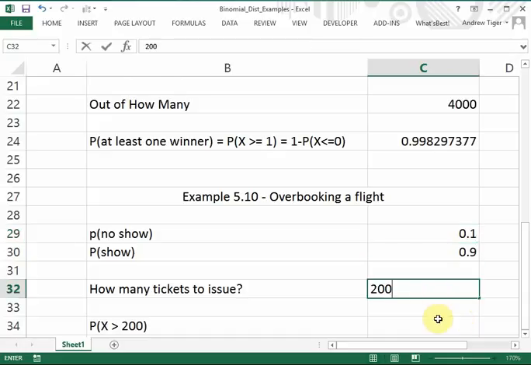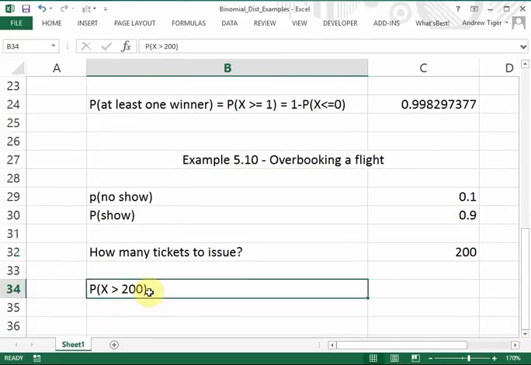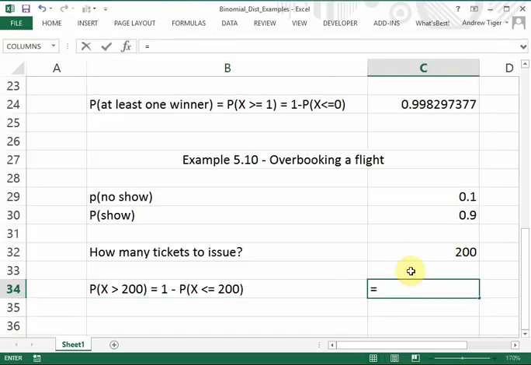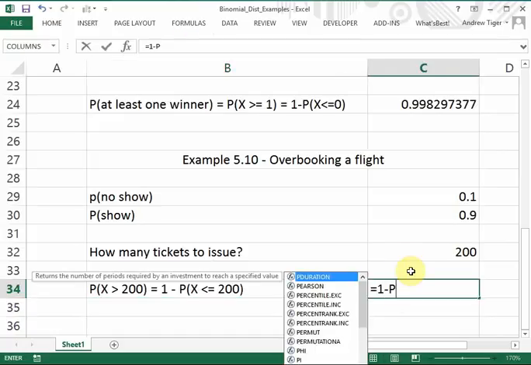Should you issue 200? Well, if you issue 200, what's the likelihood that you're going to have more than 200 people show up? It equals 1 minus the probability that x is less than or equal to 200. If you sell 200, the likelihood of that is going to be really small, like 0.